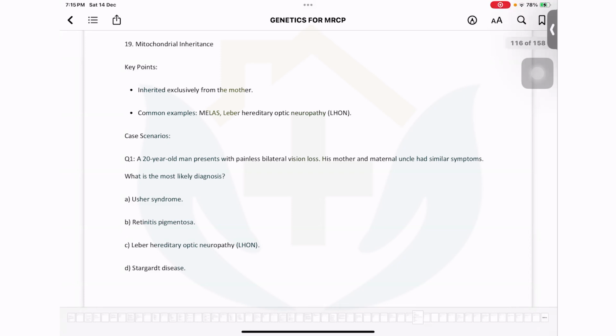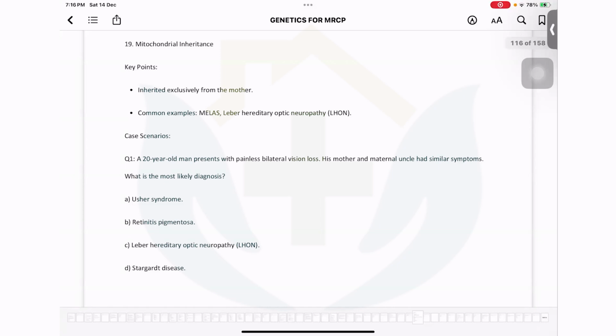Can anyone tell me why these diseases are more manifested in the neuromuscular system? Because of the higher concentration of mitochondria in these organs. These are high energy consumption organs, so they have more mitochondria.